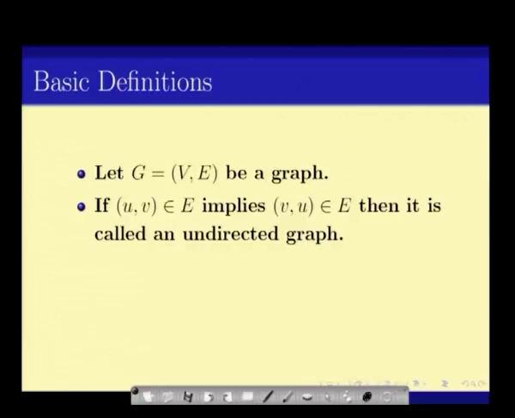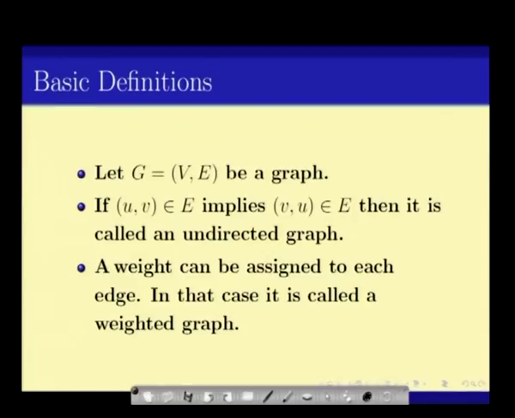A graph, as I told earlier, is a way of expressing some relationship, so it depends upon what kind of relationships we are talking about. We will see many examples of how things can be worked out. Also, an edge can be assigned a weight.